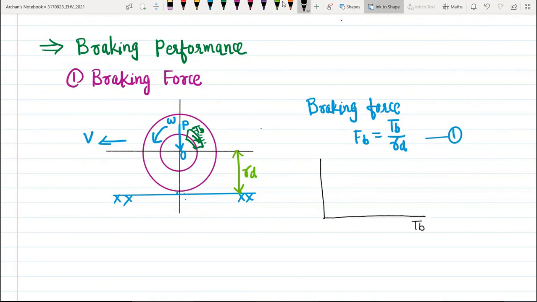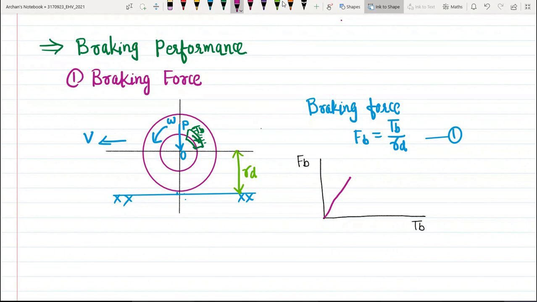On the horizontal axis, I am talking about the braking torque, and on the vertical axis we have the braking force. As I have told you, according to equation number 1, if TB increases, then FB is going to increase.